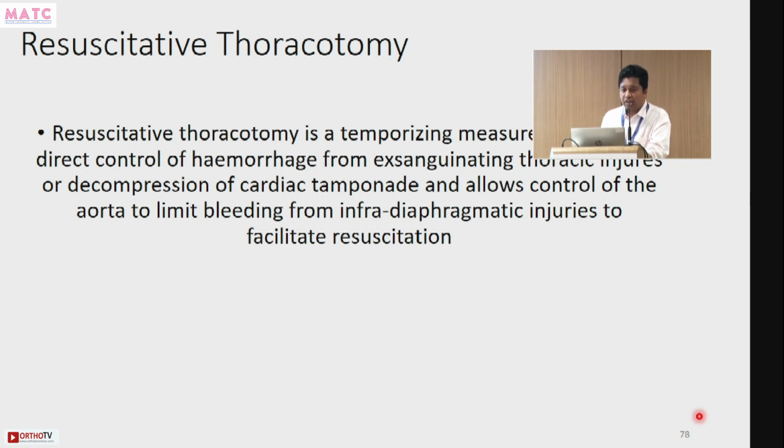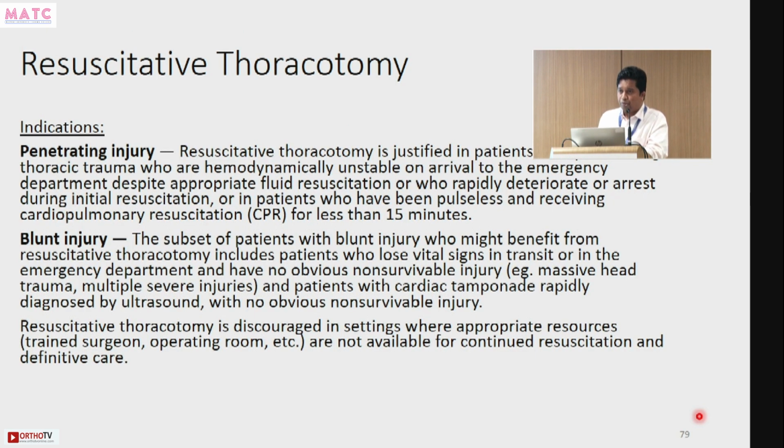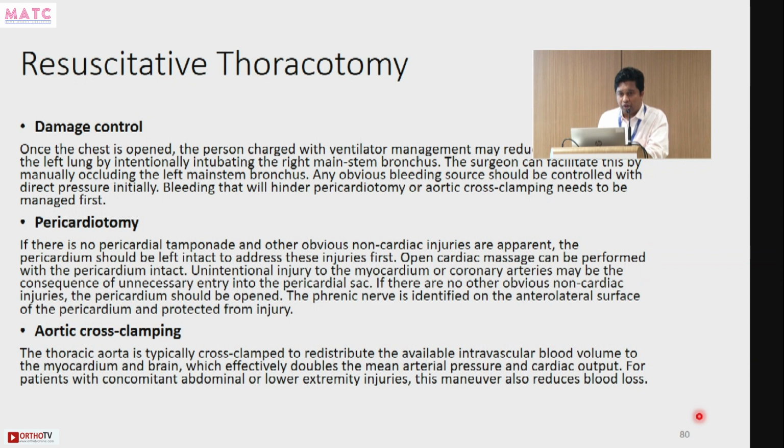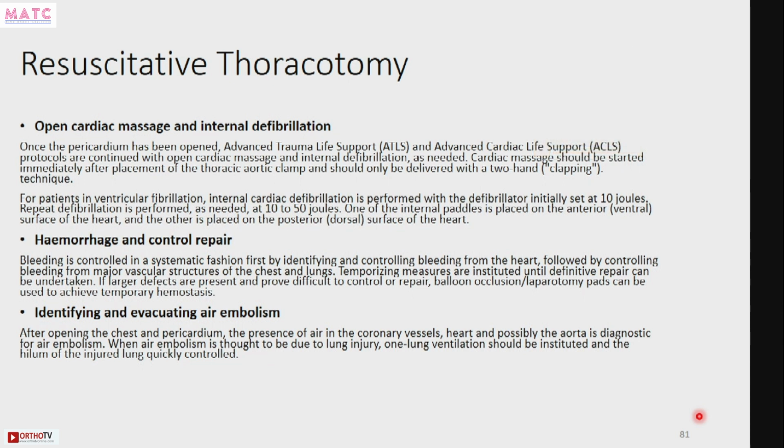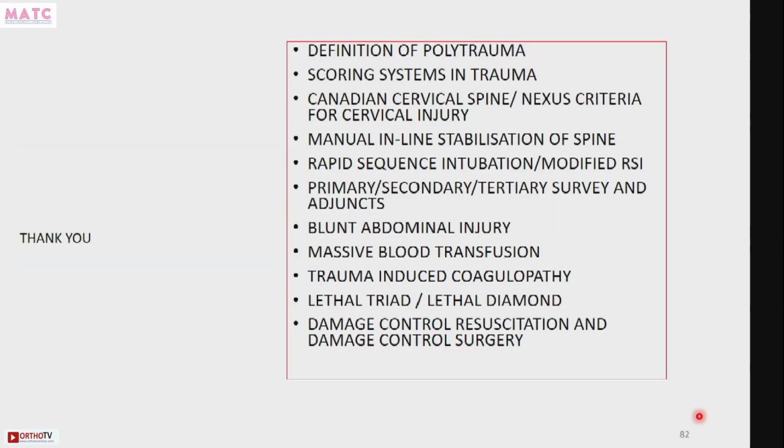Now, this is something you do in a few classical injuries: penetrating and blunt injuries, abdominal injuries. What do you do here? You do damage control. You do pericardiotomy, aortic cross-clamping, sometimes open cardiac massage or internal defibrillation, and ultimately control the hemorrhage. And sometimes you can prevent air embolism while you go for a resuscitative thoracotomy.